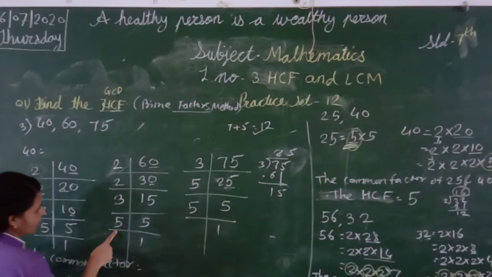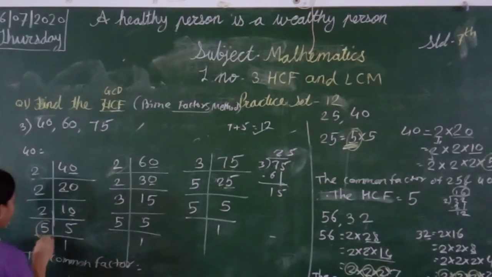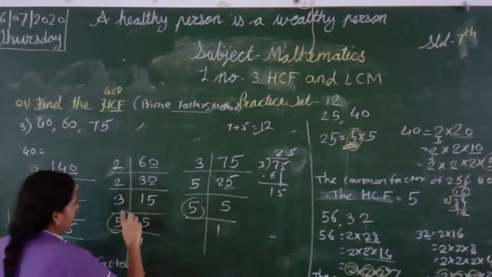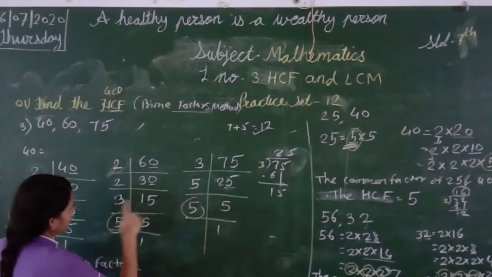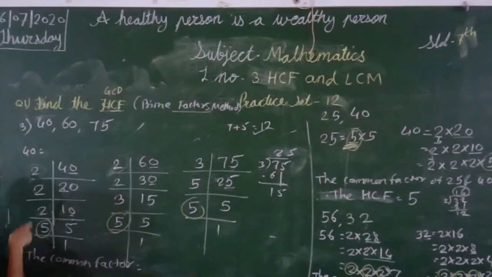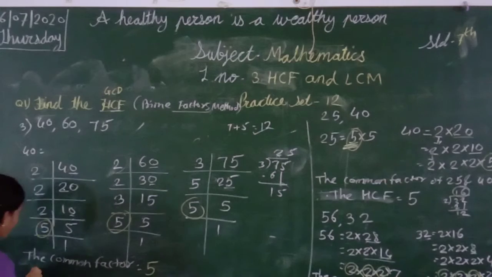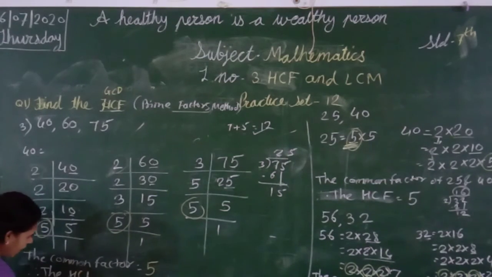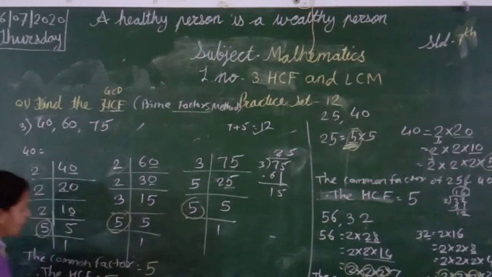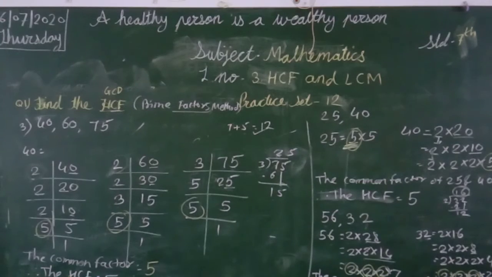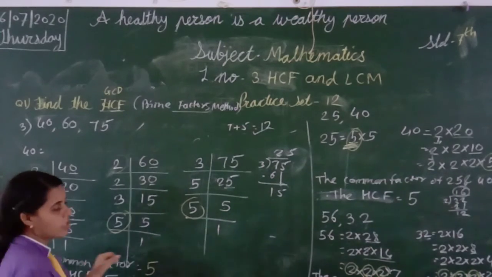Here is 5, here also 5, here also. In 60 and 75 both have 3, but 40 does not have it, so we will not take the 3 also. So which is the common factor? 5. So our HCF, what, students? What will come? 5. What is our highest common factor? 5. I hope students you understood, and the remaining sums you will solve yourself.